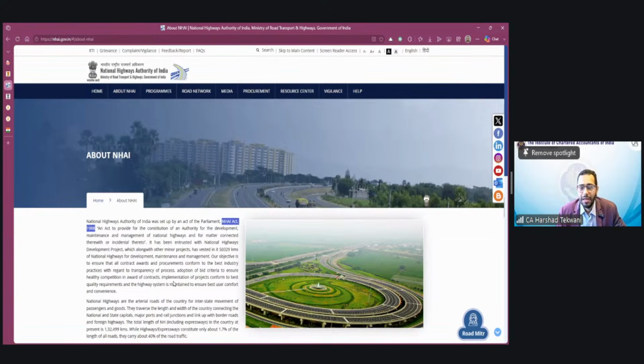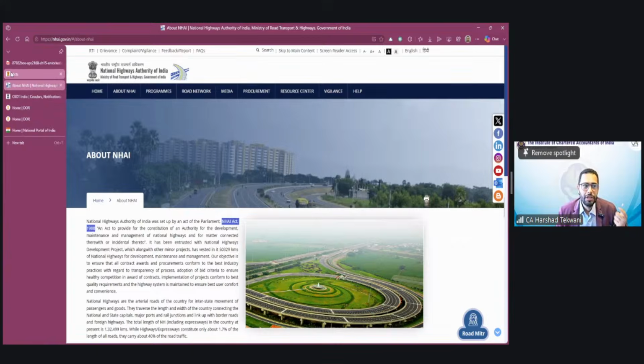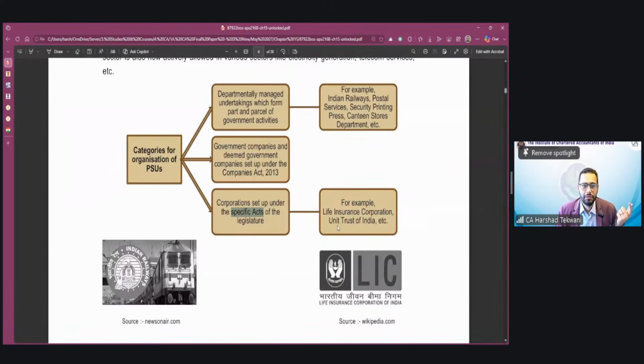Similarly, ICAI under an act. So wherever there is a body which is being established under an act, that particular body is also a public sector undertaking. Okay, so for example, Life Insurance Corporation, Unit Trust of India, SBI, a lot of things are there which are created under a specific act.